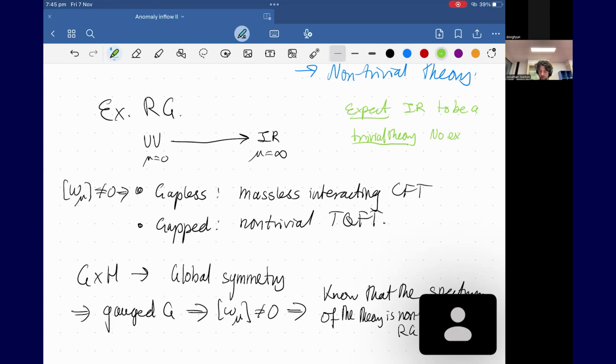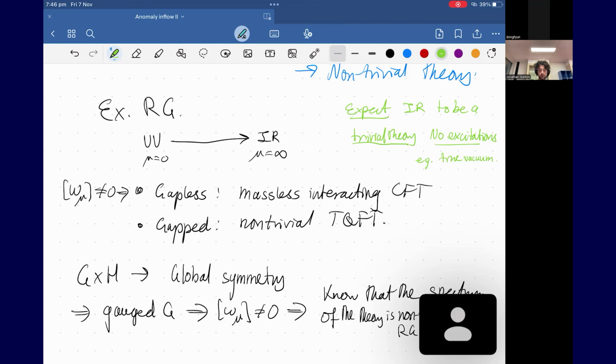For example, you could have gapless states, and the only known mechanisms for this are things like spontaneous symmetry breaking. You might think, oh, maybe we have the photon, but we talked before, this actually comes from a broken symmetry.